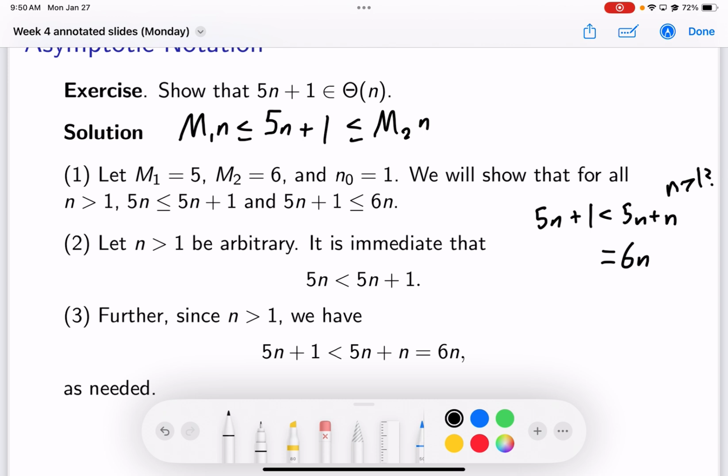So now we have the inequality we want. 5n plus 1 is less than 6n. And along the way, we had to assume that n is greater than 1.